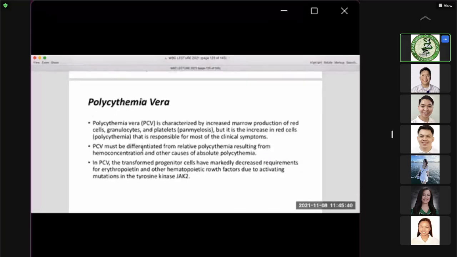Polycythemia vera is characterized by increased marrow production of red cells, granulocytes, and platelets. It is the increase in red cells that is responsible for most of the clinical symptoms, so yung polycythemia. This must be differentiated from relative polycythemia, resulting from hemoconcentration, and other causes of absolute polycythemia.